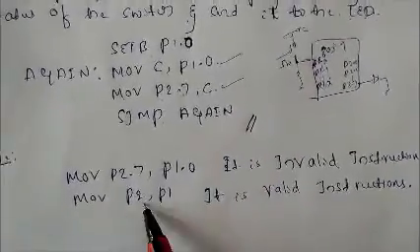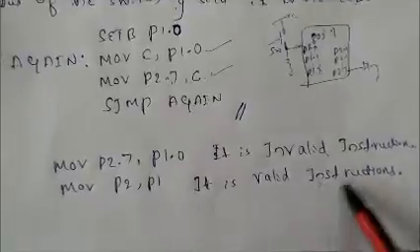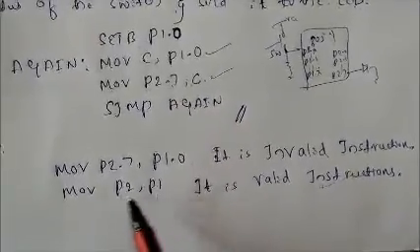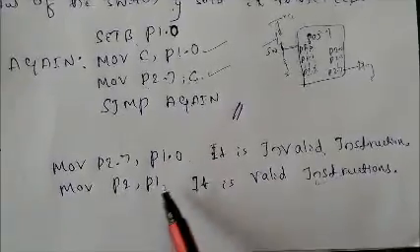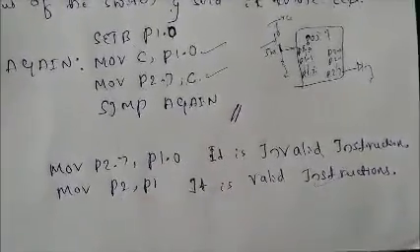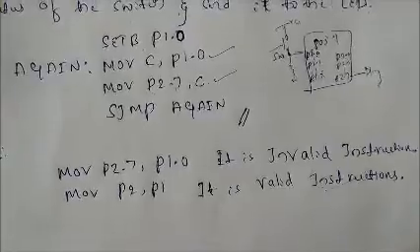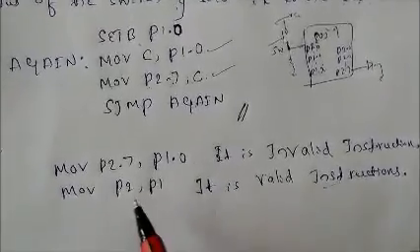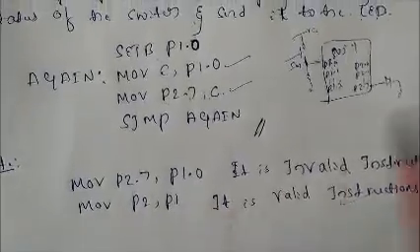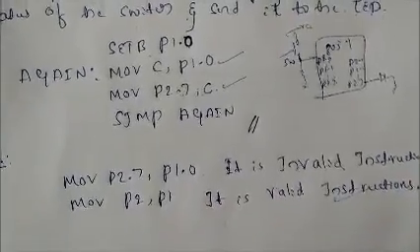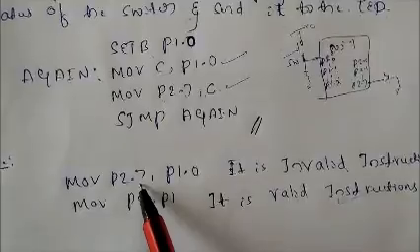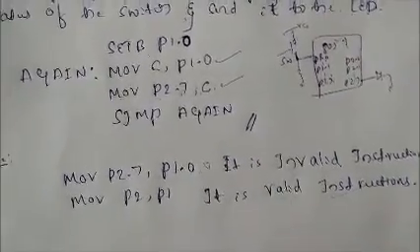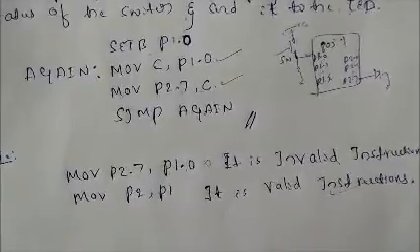But if you write MOV P2, P1, it is a valid instruction. So when both the source and destination are complete ports, meaning all 8 pins, this is valid. When you write individual port pins like MOV P2.7, P1.0, it is invalid. There is no such instruction in the 8051 assembly.